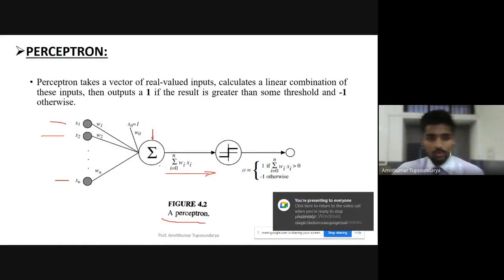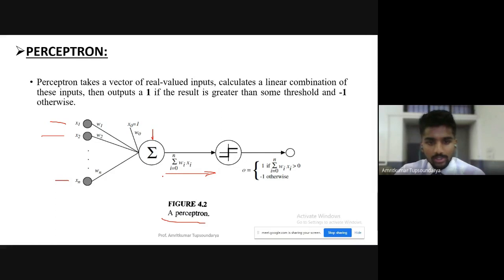Right. So that linear representation of these values will give you some output. Now that output can be 1 if it is above the threshold, and it will be -1 otherwise. So let us go a little more into depth and see how we get this. You can see a simple diagram, a simple graph.